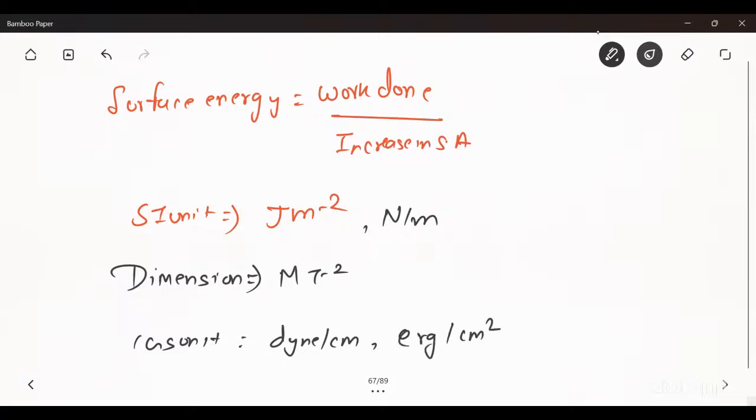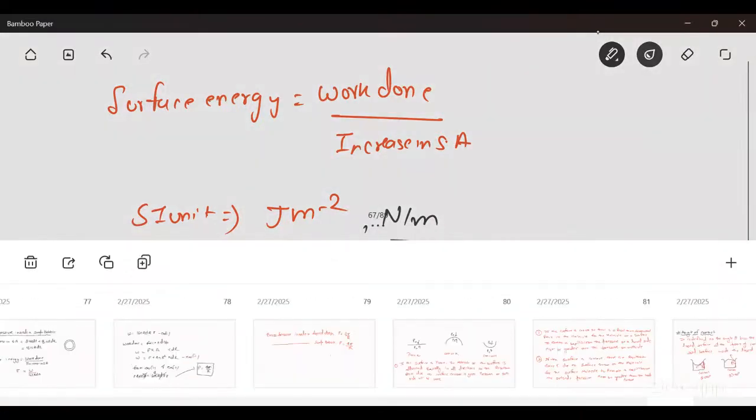Both are CGS units of the surface energy. Because surface energy equals surface tension, I have written it as Newton per meter, and it has the same dimensional formula as surface energy. So you can write both definitions in that question.